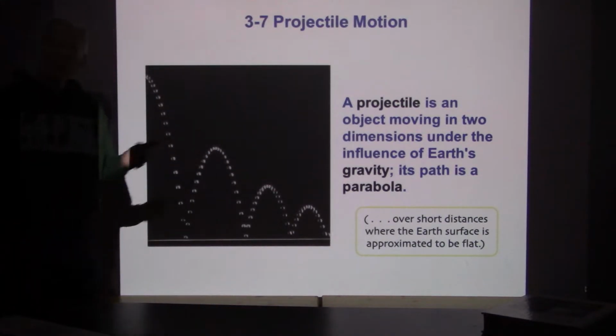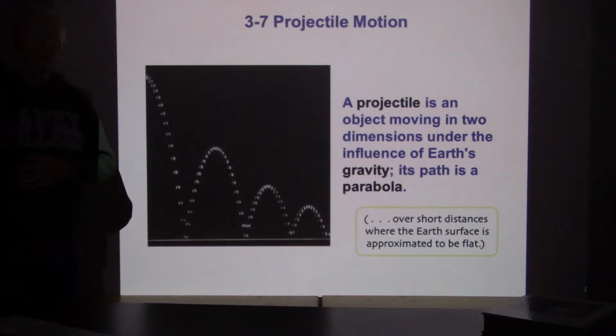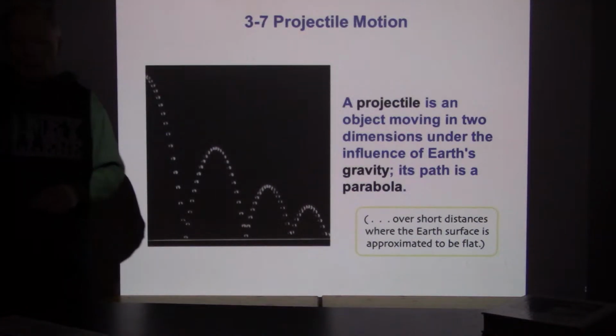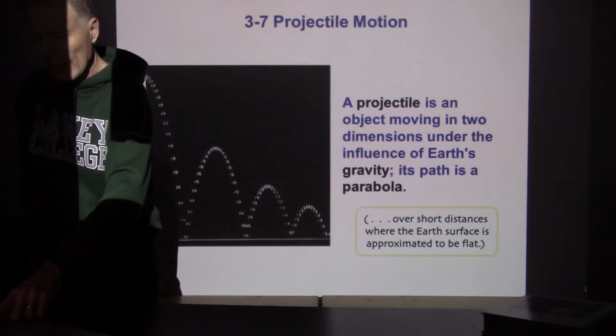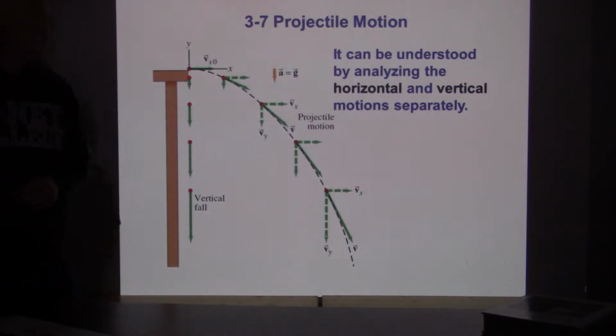So this is an example where acceleration in the x is 0, and acceleration in the y is equal to g, which is 9.80 meters per second squared. Over short distances, we can treat these as parabolas. So here's projectile motion.